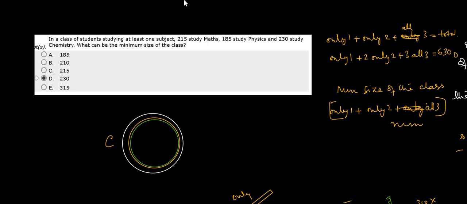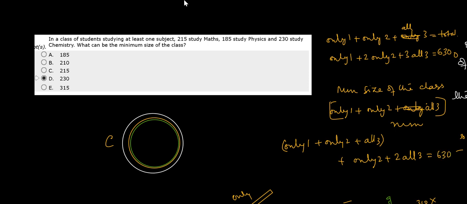Now, if I look at the second equation, then I have only 1 plus only 2 plus all 3, plus only 2 plus twice all 3. This is equal to 630, right?